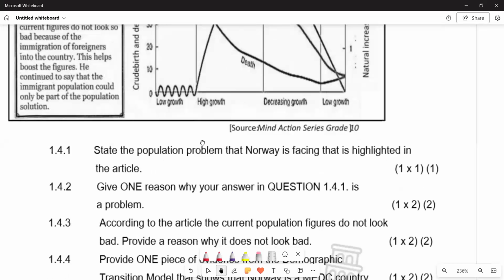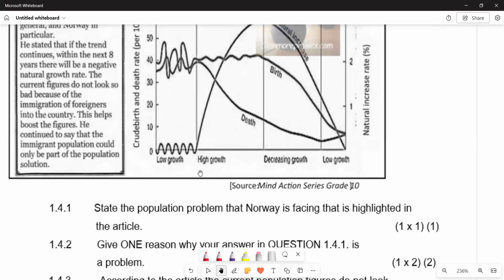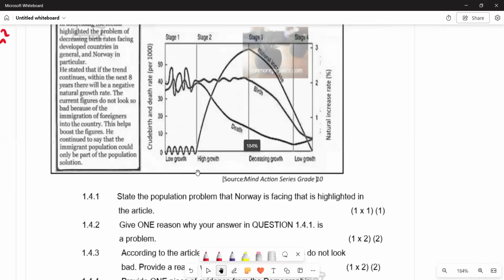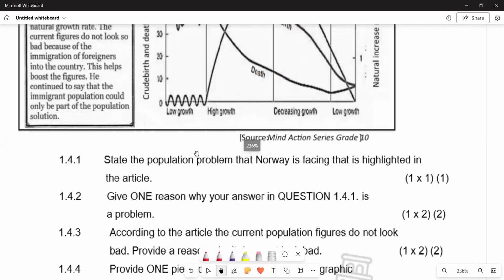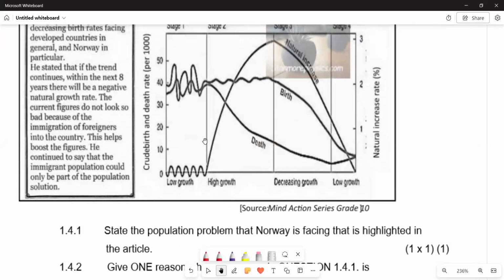So we go through the article and try to see what problem is there, so we can deduce that problem from the graph that we are given. Let's try to analyze the graph and the text and see what problem we can deduce there.